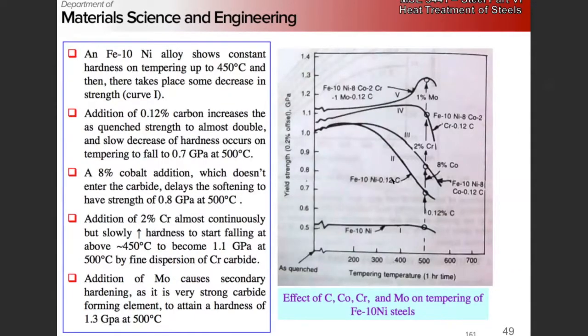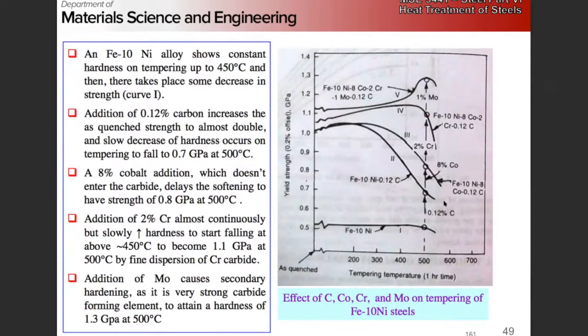This is basically just a couple of those trends illustrated, starting with iron 10 nickel. Iron 10 nickel is basically just solid solution strengthening. You add some carbon, you get martensite formation. The strength on quenching goes up due to martensite, and then you get a large fall on tempering.